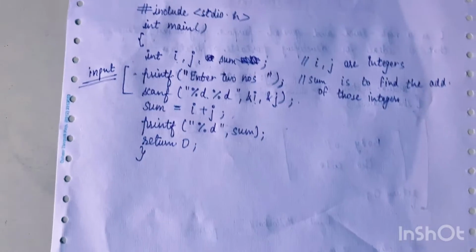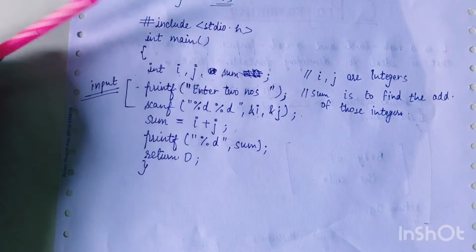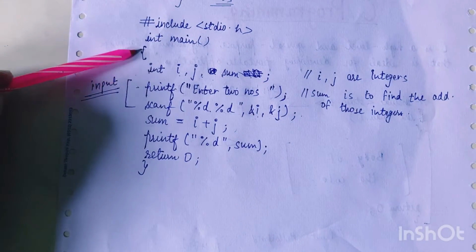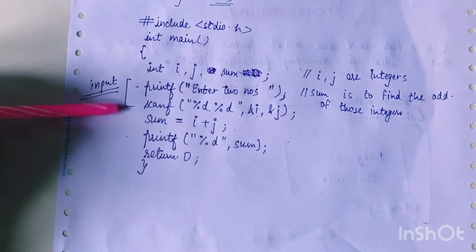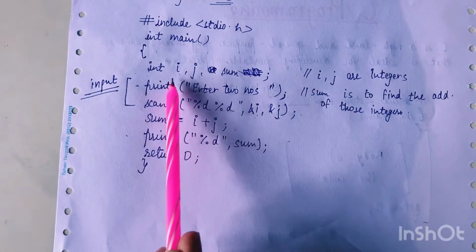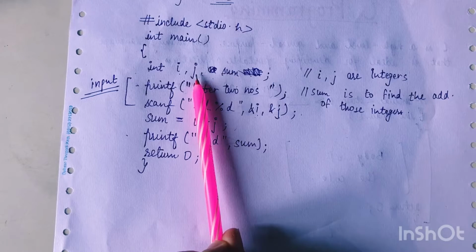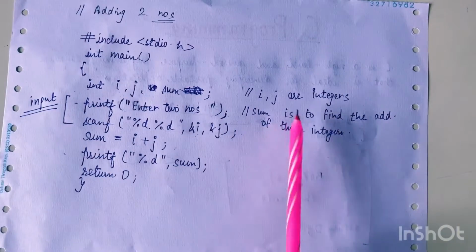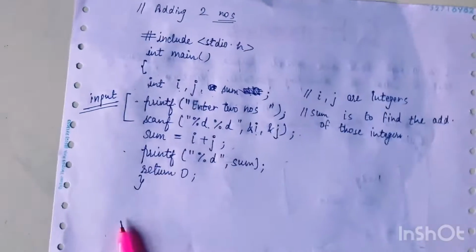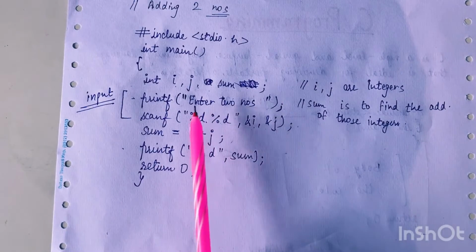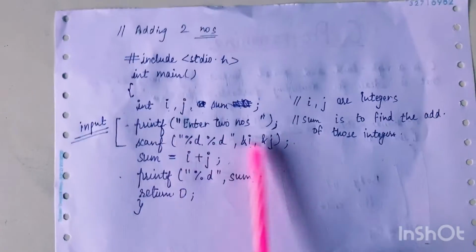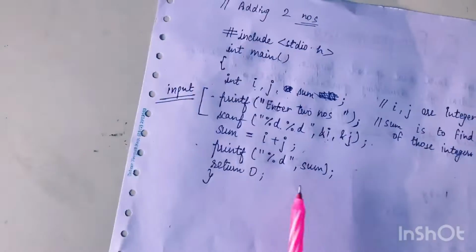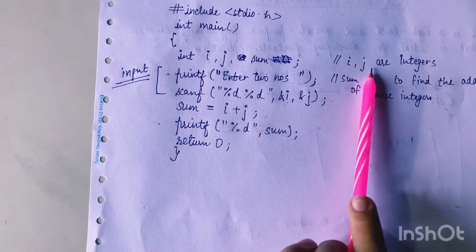For adding two numbers, we've written the header file. Then int main, and inside the curly brackets comes the body of the C program. Here we have taken i, j to input two integers. Then sum, to find the addition of those two integers that the user will input.